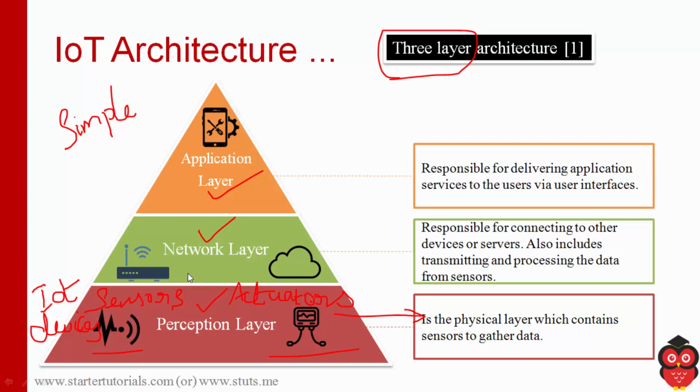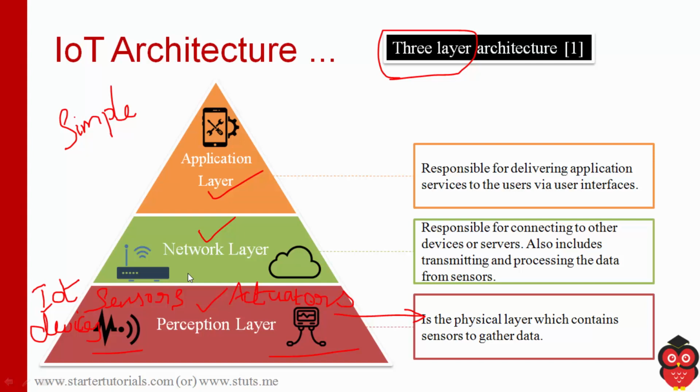Generally the hardware, right? And what do these sensors do? Sensors will gather data, right? They will sense the environment, either temperature or humidity, pressure or anything, and they will gather the data and send that data to the internet, right?